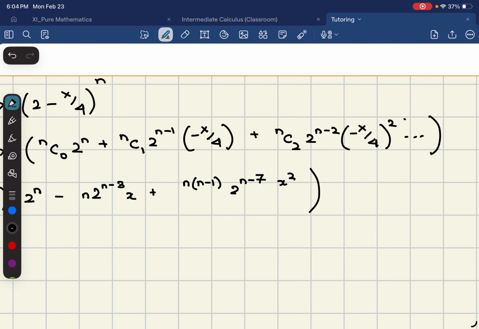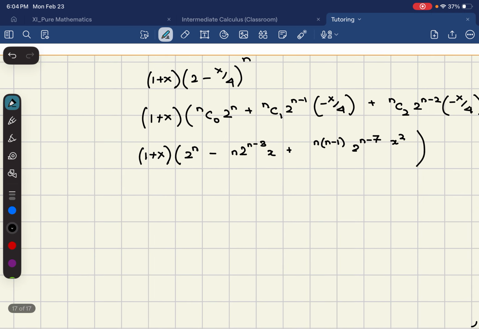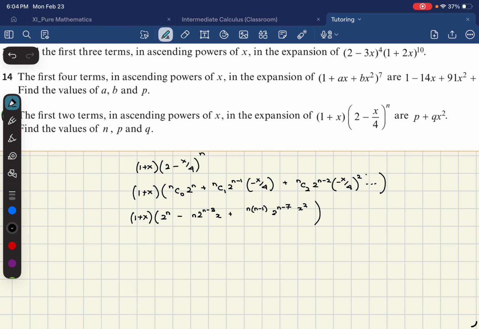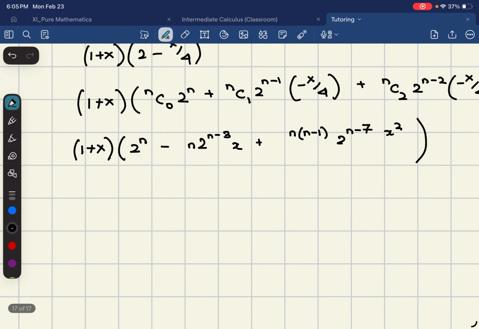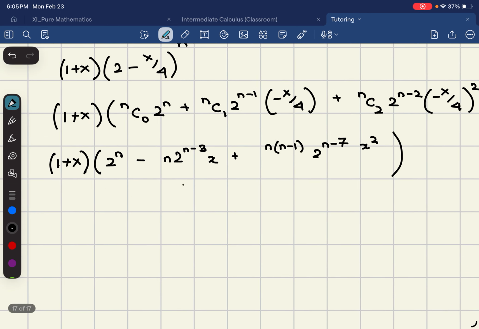So now that we have simplified everything, let's see. We are given that there is no x term in our final answer. So how do we get the x term?